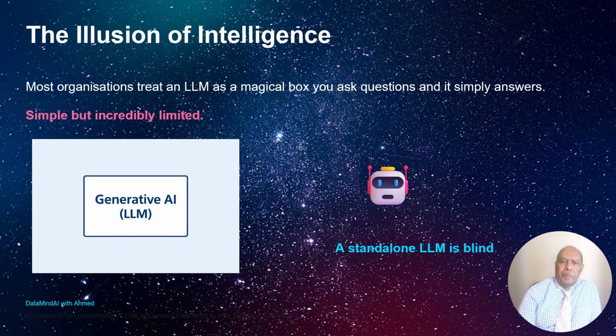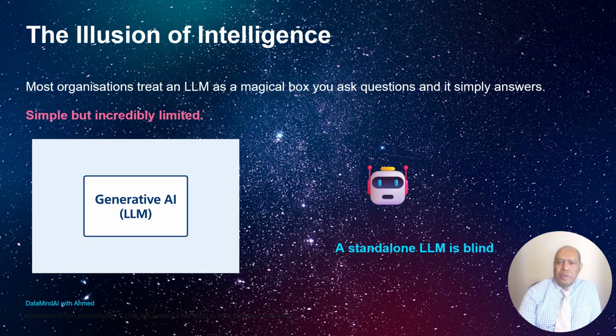Why? Because a standalone LLM, no matter how advanced, no matter how many billions of parameters it has, is completely blind. It operates in total isolation from your business reality. Think about that for a moment. Your most capable AI system cannot see your data. It cannot access your systems. It has no awareness of your HR records, your financial tables, your code base, your customer history, your documents, or your policies.